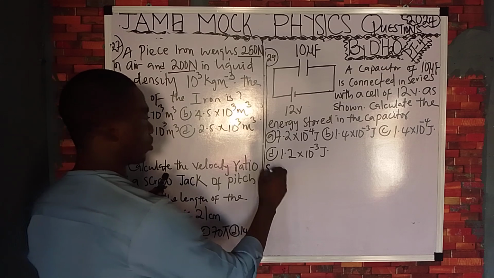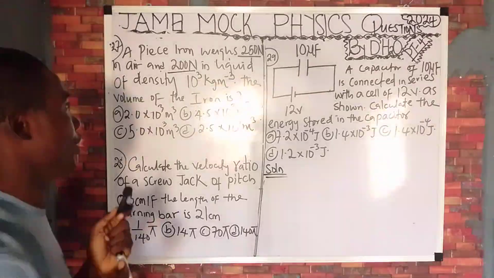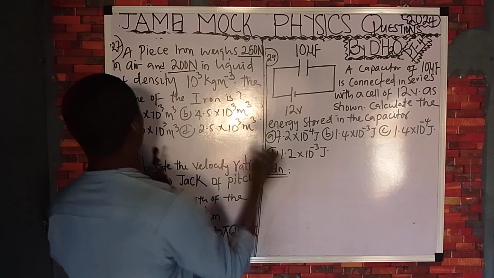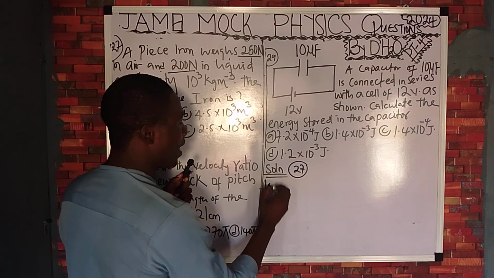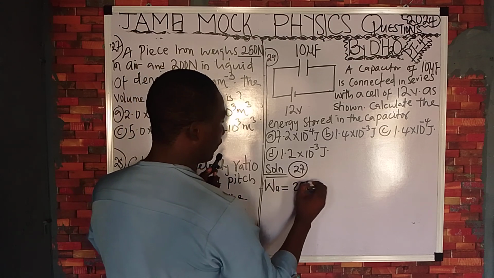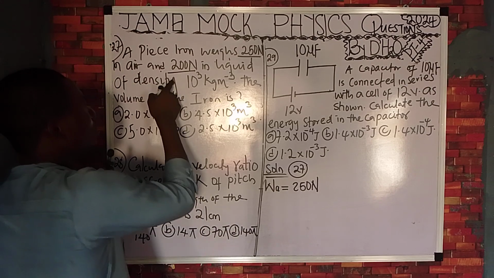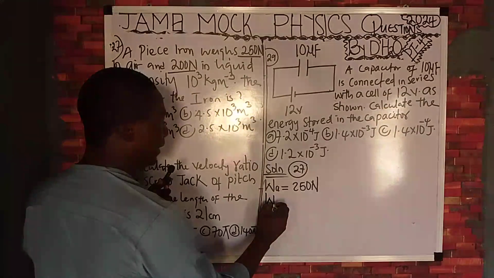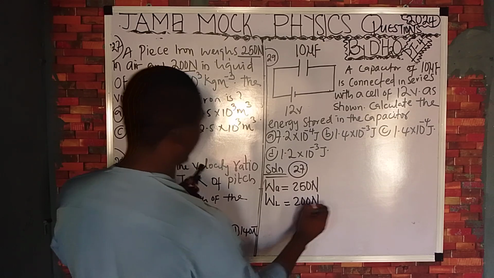Now let us quickly solve this question. The weight of the iron in air is 250. So that's the solution to number 27. The weight of the object in the air is 250 Newton, and the weight of the object in the liquid is 200 Newton.